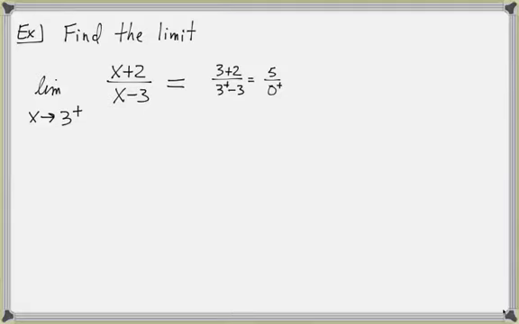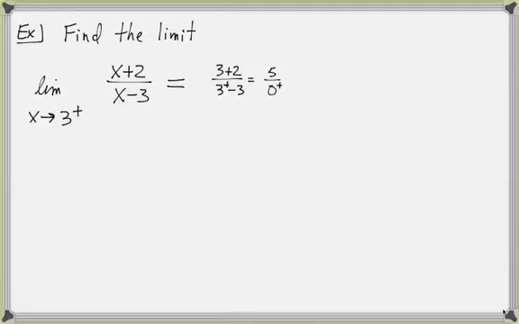What I mean by a positive 0 is the denominator is approaching 0, but it's approaching 0 from the right, so the denominator has very small positive values. The numerator, as x approaches 3 from the right, is approaching the number 5.